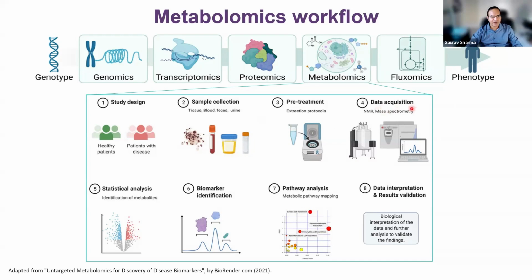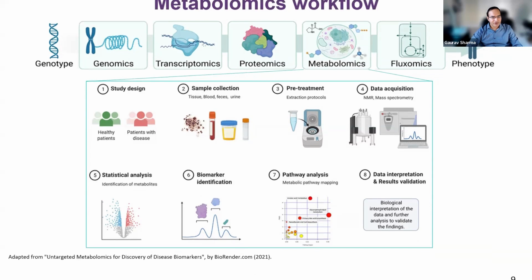Then we do the data acquisition, typically either by NMR spectroscopy or mass spectrometry. After the data acquisition, the data interpretation and result validation come. There are sophisticated software tools which we utilize for the metabolic pathway analysis, biomarker identification, and statistical analysis.